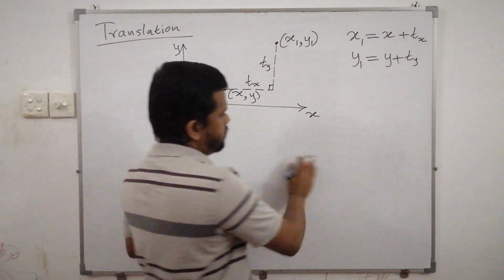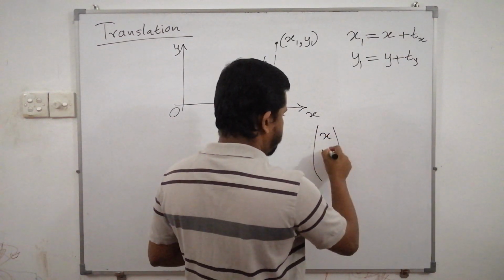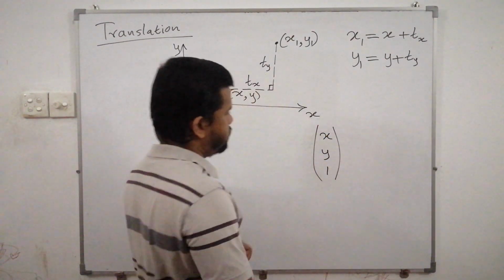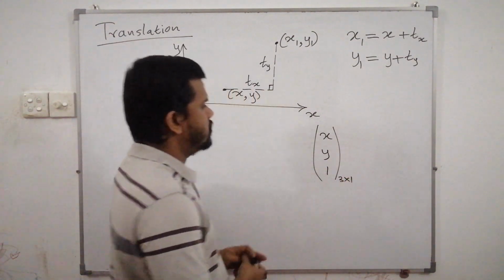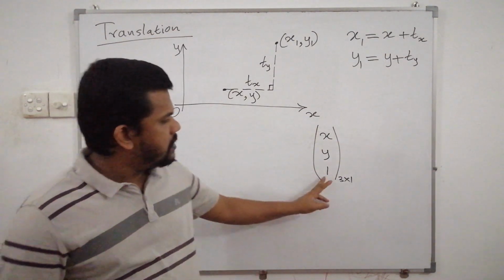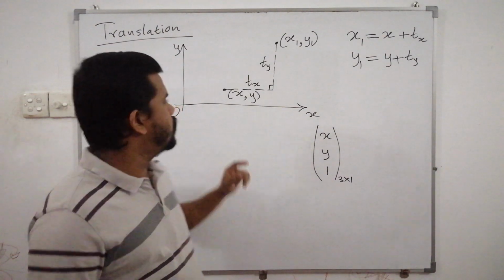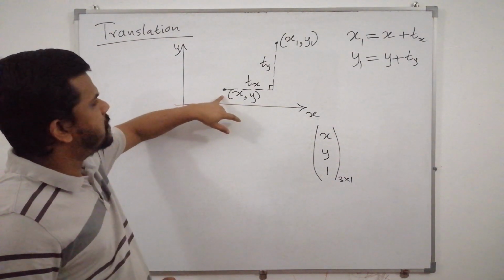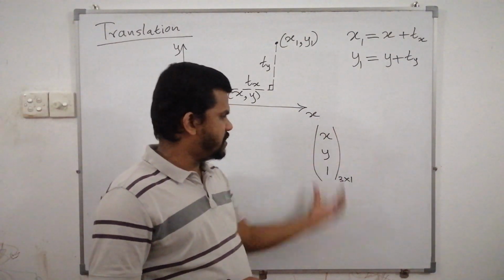We represent a point using this kind of a matrix. This is a 3 cross 1 matrix, 3 rows and 1 column. So, the last element is always 1. So, if we represent this point, the corresponding matrix is this one.